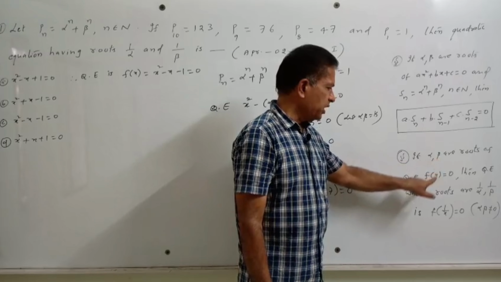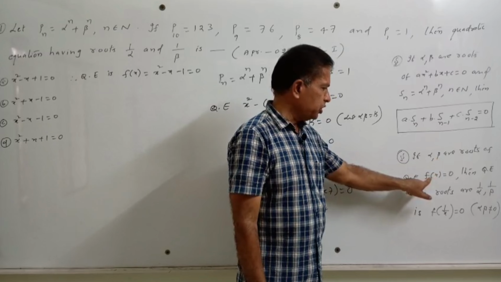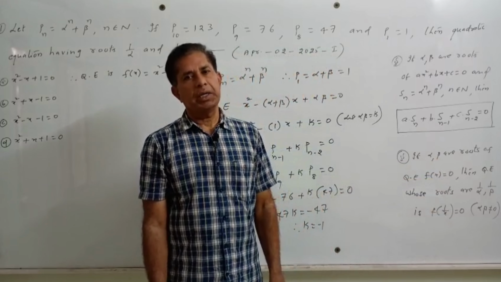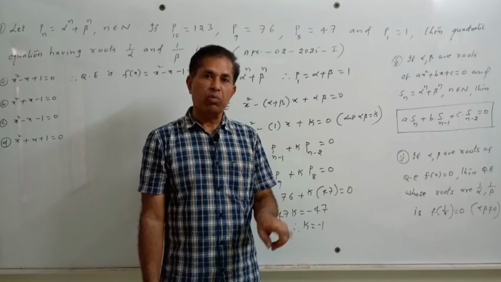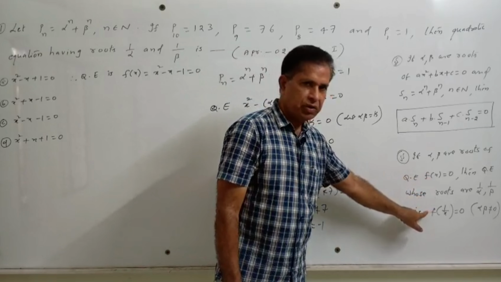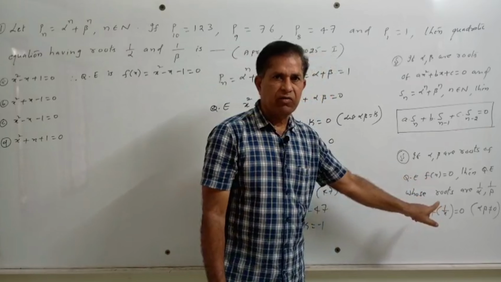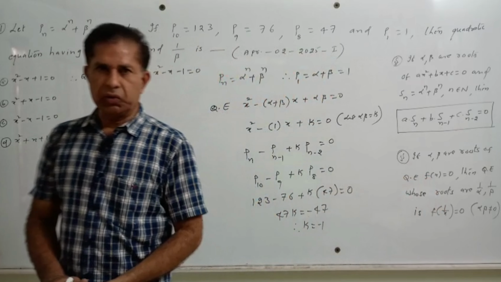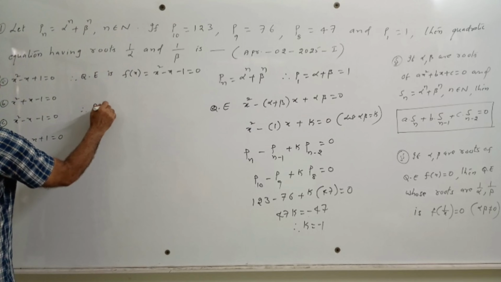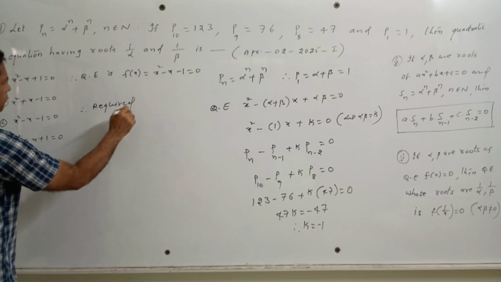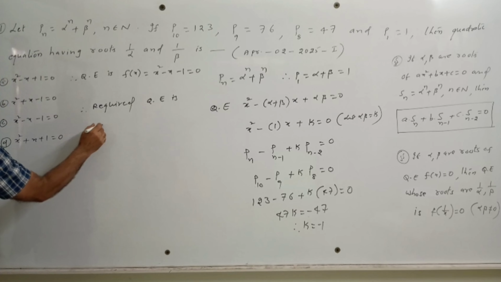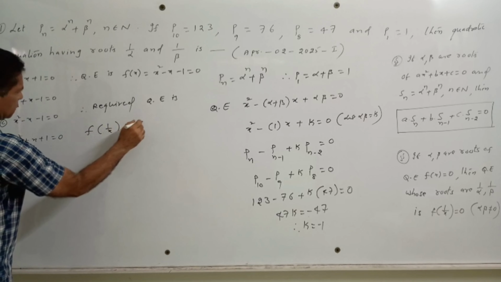If alpha, beta are the roots of quadratic equation f of x is equal to 0, to write down the quadratic equation whose roots are 1 by alpha, 1 by beta, in the given quadratic equation, x must be replaced with 1 by x. By using that formula, I can say the required quadratic equation is f of 1 by x is equal to 0.